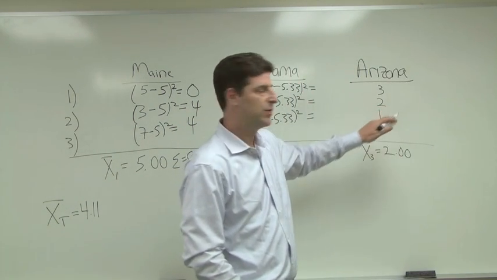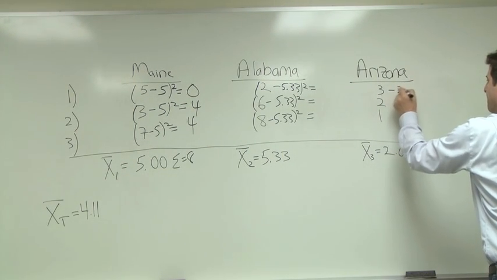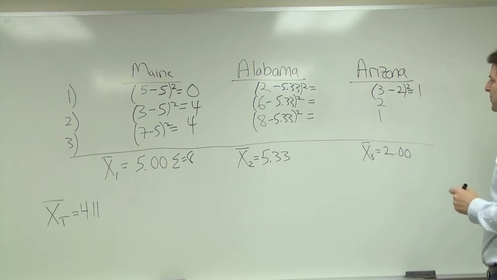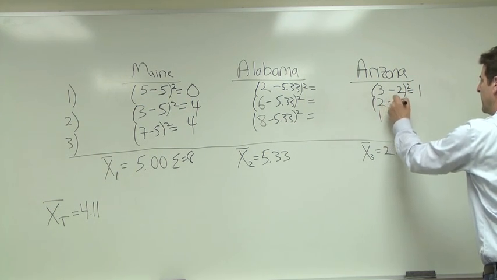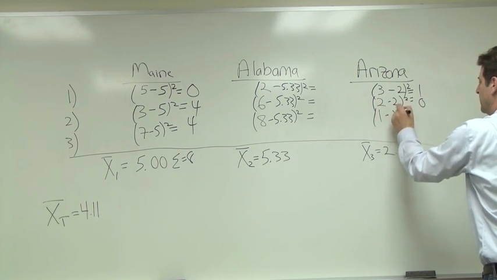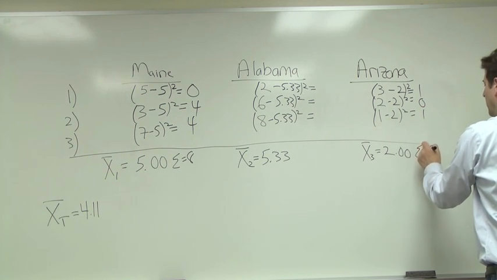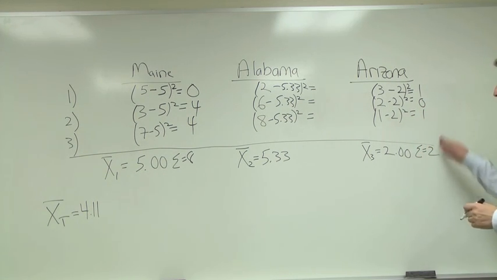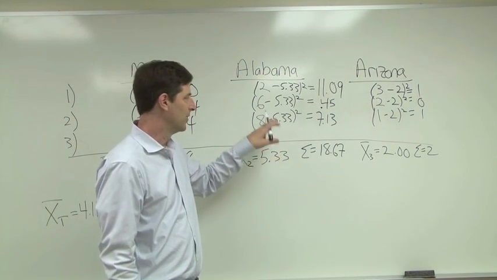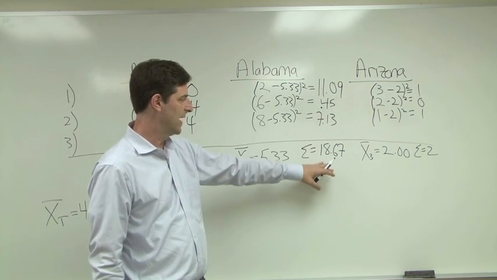And for the Arizona group, we have 3 minus 2 squared equals 1, 2 minus 2 squared equals 0, 1 minus 2 squared equals 1. The sum of those added all up equals 2. Okay, I had to use my calculator off camera to calculate these squared deviations and add them all up.